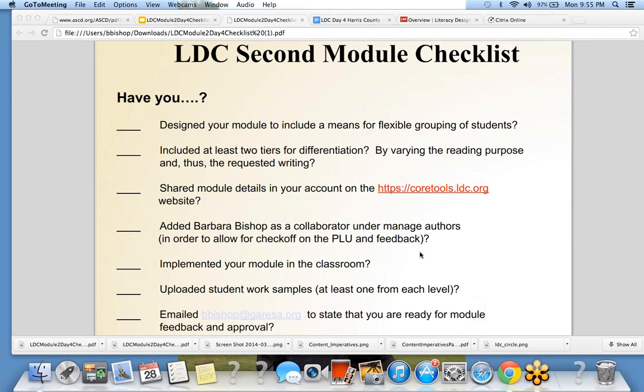We had hoped that we would accomplish this by the end of the year, but we are not on some hard and fast deadline. So if you, let's say you have time to implement it, but you don't have time to get it all finished into the core tools, or you haven't yet uploaded your student work samples and it's the last day of school, that's not a problem.